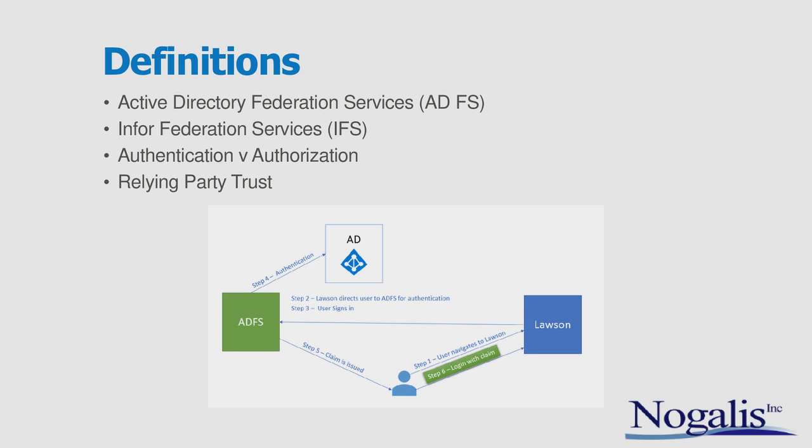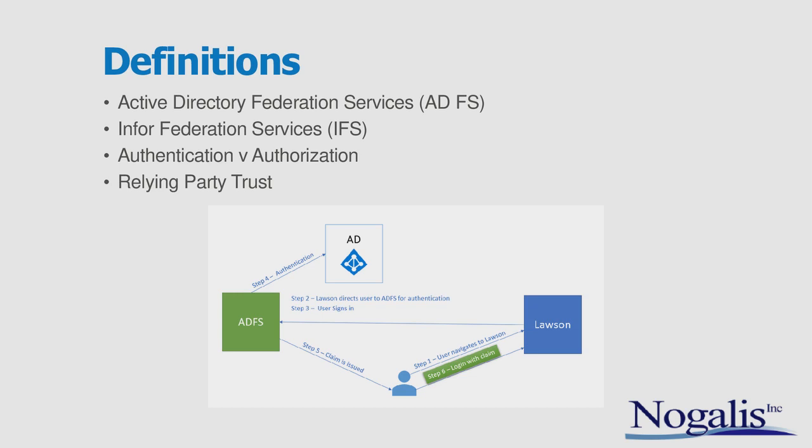Infor Federation Services, or IFS, you're going to hear that a lot during your implementation, and that's Infor's sort of middle manager of Active Directory users who are allowed to authenticate against ADFS. So you have to add all of your Active Directory users who are allowed to access Lawson, but that doesn't actually give them Lawson access. It just allows them to authenticate against AD.